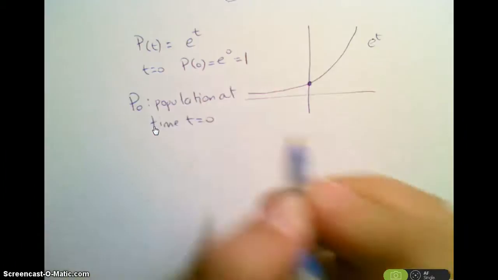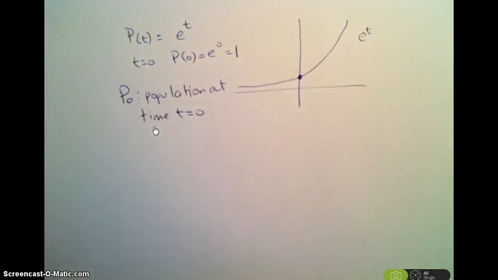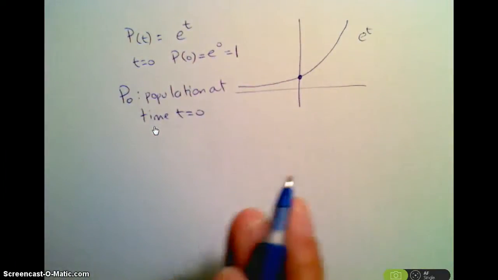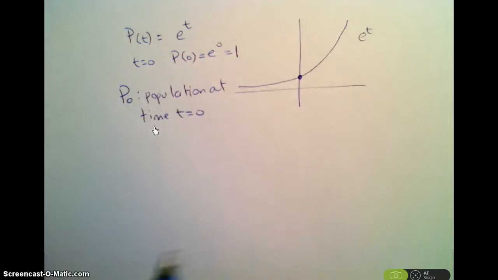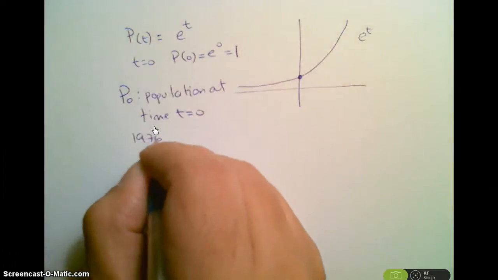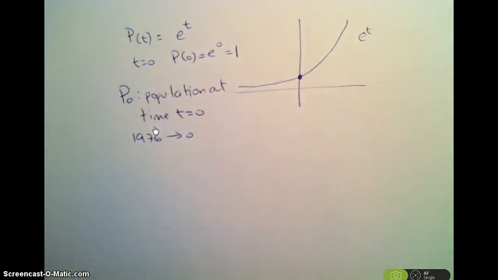t equals 0. Now it doesn't mean that we're only going to study from year 0. It just means that if your problem talks about 1976 as the beginning of time, then you will define 1976 as your 0, and then you will work from there.